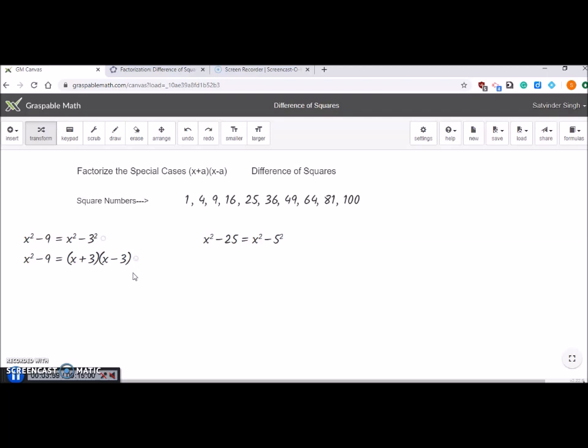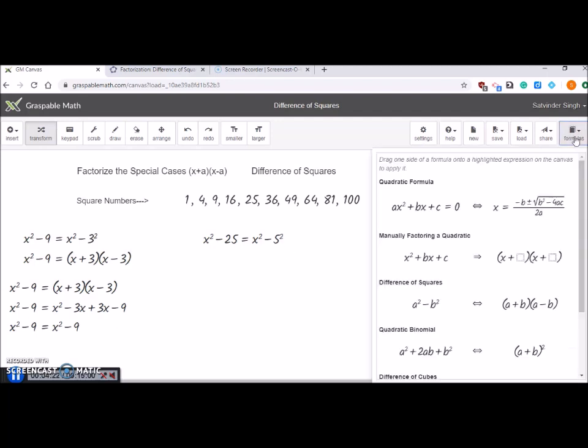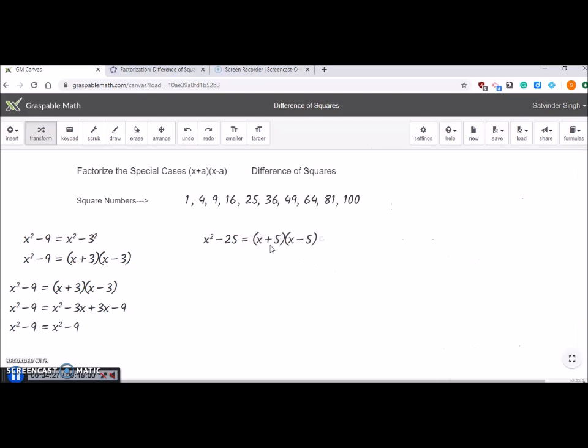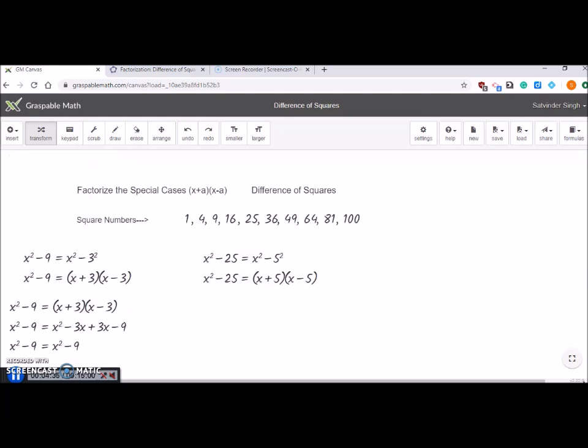Remember, 3 is the square root of 9. Even if you multiply backwards applying the distributive property, you will get the same, x square minus 9, because of positive and negative, the 3x terms will get cancelled out. Take the second example with 25, which is 5 square, and you can factorize as x plus 5 and x minus 5. If you understand the product, you will understand the factorization.